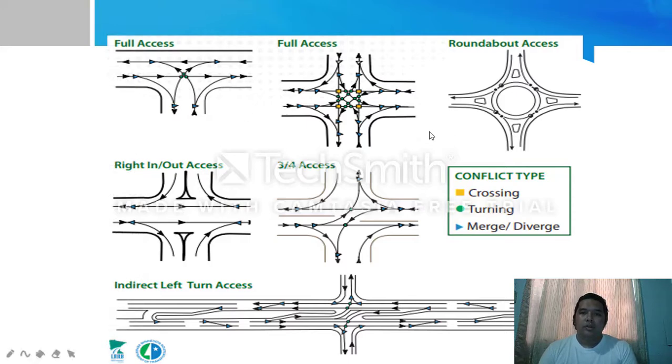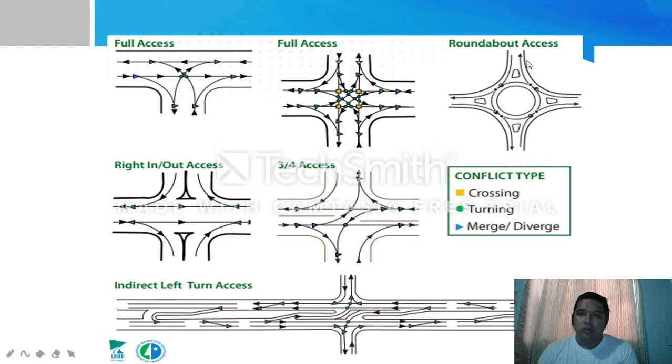So here are examples of intersection treatments. There are 2 types of full access, the T-type full access and the cross-type full access. This cross-type full access is similar to the picture that I presented to you a while ago.